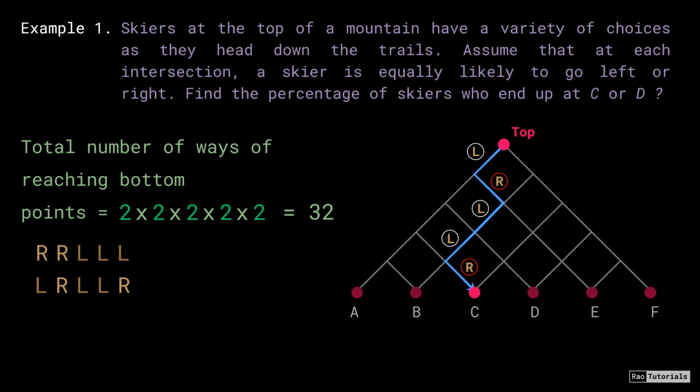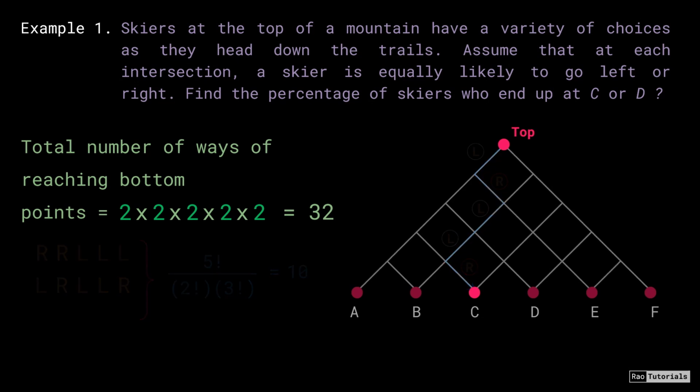And the total ways in which we can order 2 rights and 3 lefts is 5 factorial by 2 factorial times 3 factorial, that is 10. So we can reach C in a total of 10 ways.